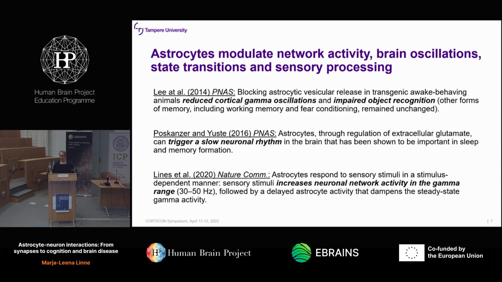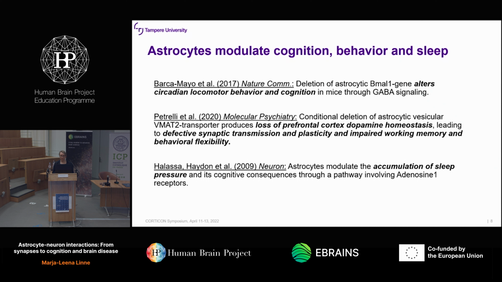Then if we look at examples about how astrocytes modulate cognition, behavior, and sleep, here are a couple of examples. In 2017, it was shown that the deletion of one gene in astrocytes alters circadian locomotor behavior and cognition, and this is through kappa signaling.